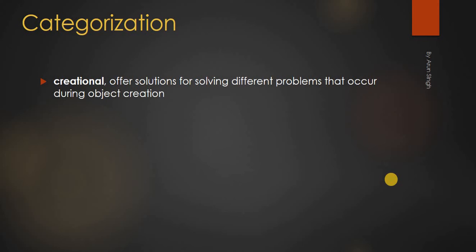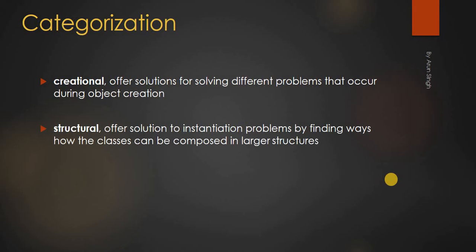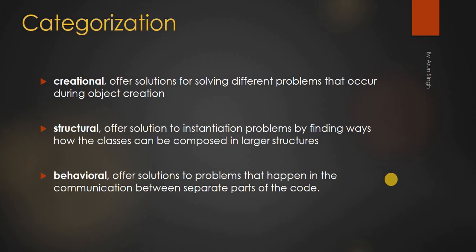Categorization. When we talk of design patterns, they are basically of three types. First, creational, second, structural, and third, behavioral. Creational design patterns offer solutions for solving different problems that occur during object creation.